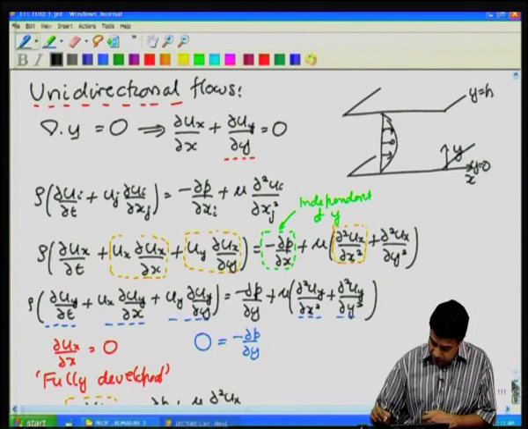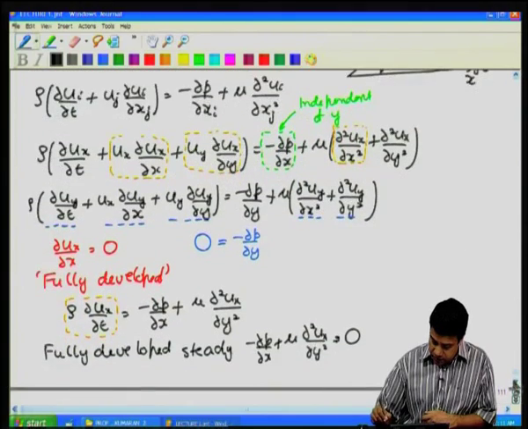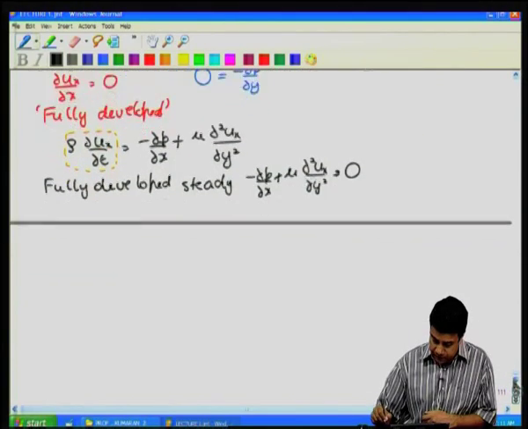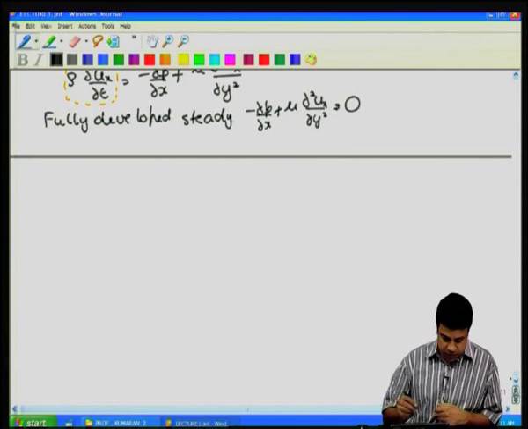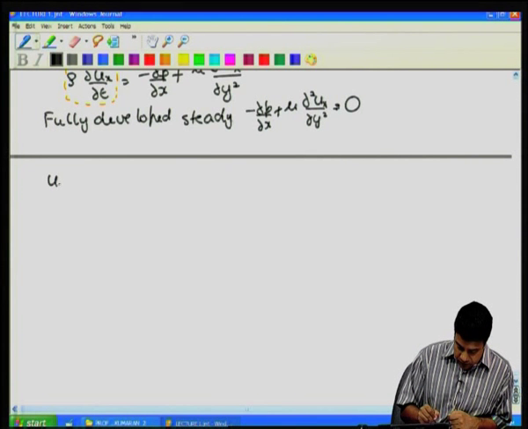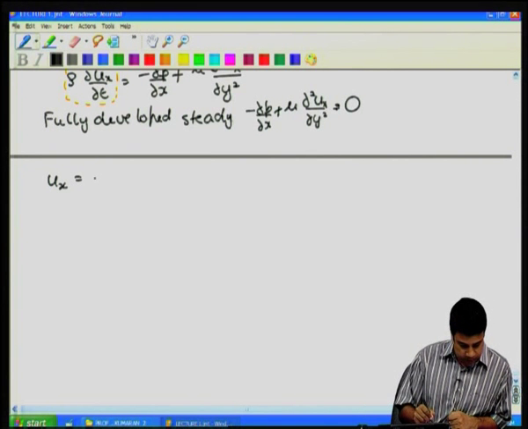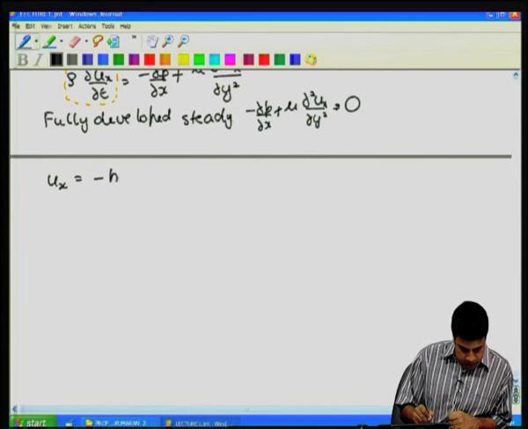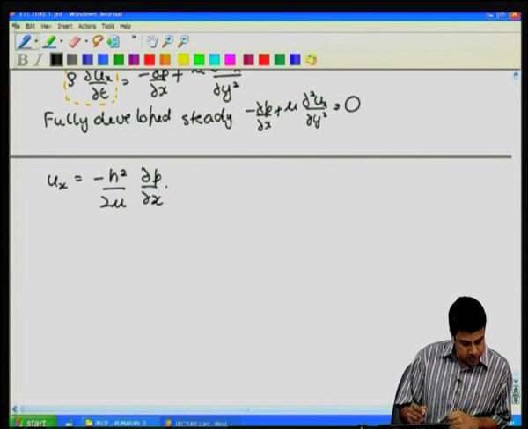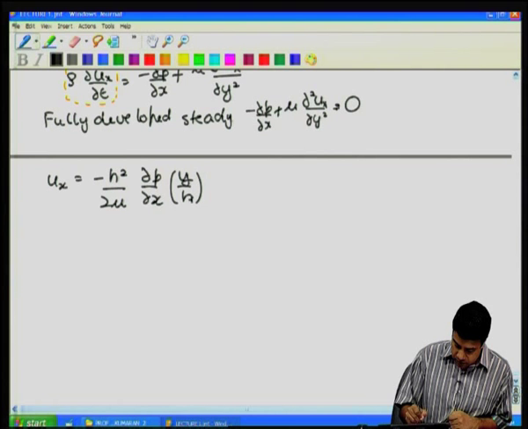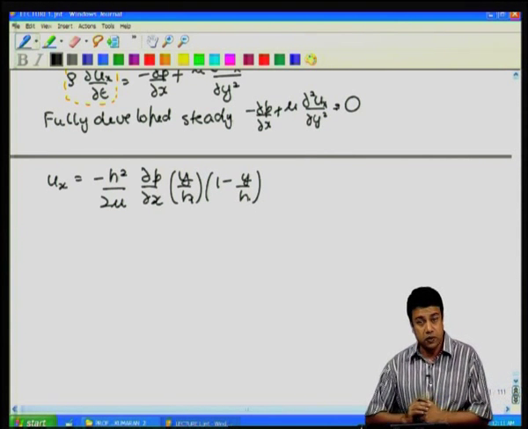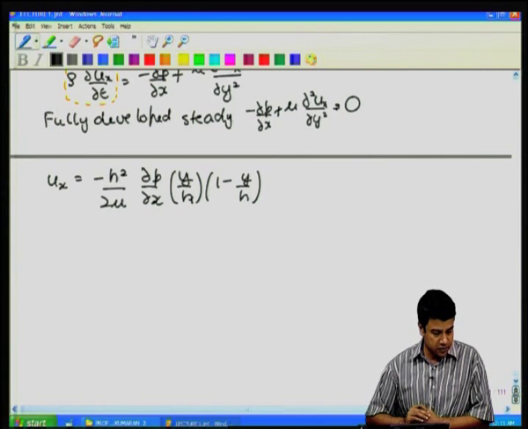The resulting solution that you will get for the velocity profile is u x is equal to minus h square by 2 mu partial p by partial x into y by h into 1 minus y by h, a quadratic solution for the velocity profile.